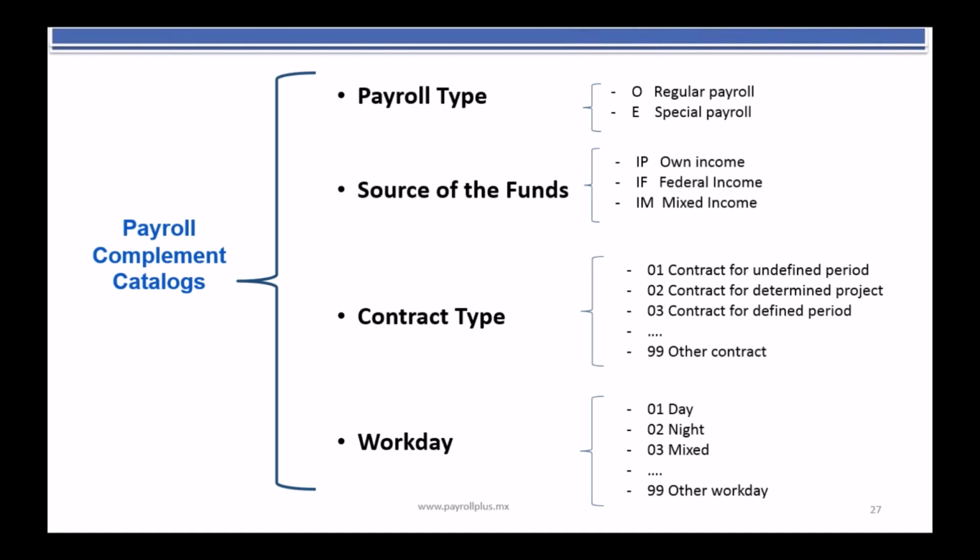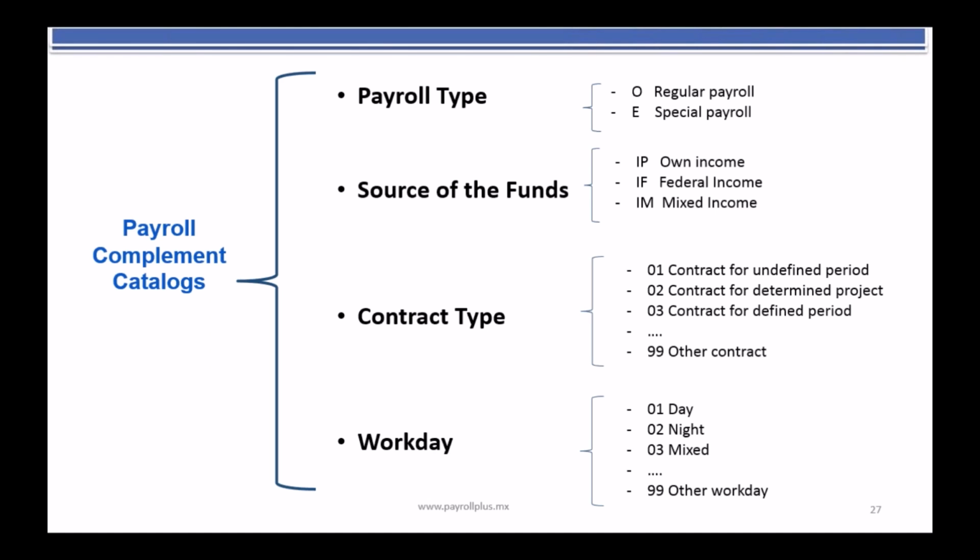There is a list of options, but if your specific type of relationship with the employee is not included there, you can go to 99 other contract. For example, you can have seasonal employees, trial employees, and so on. Those are included in the catalog.